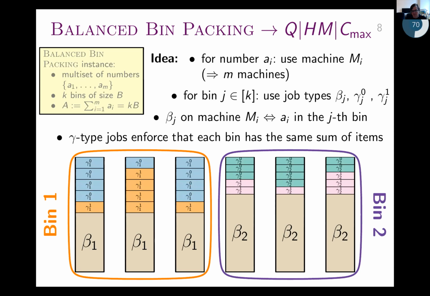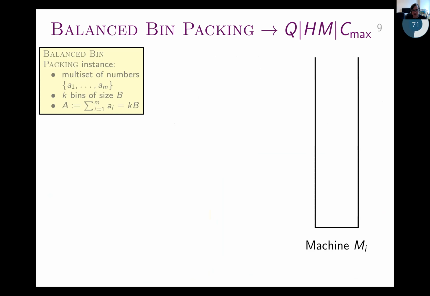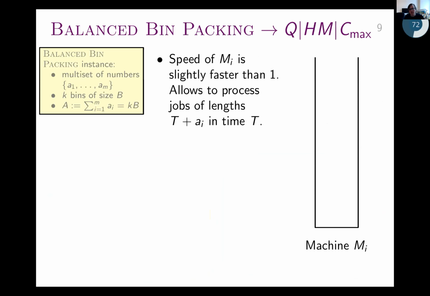Okay, so I will explain now in more detail. Each machine has some speed. The way you should think about the speed really is that each machine has some capacity. And the capacity is slightly larger than some t. Okay, and actually it's exactly t plus ai, where ai is the size of item I, right?